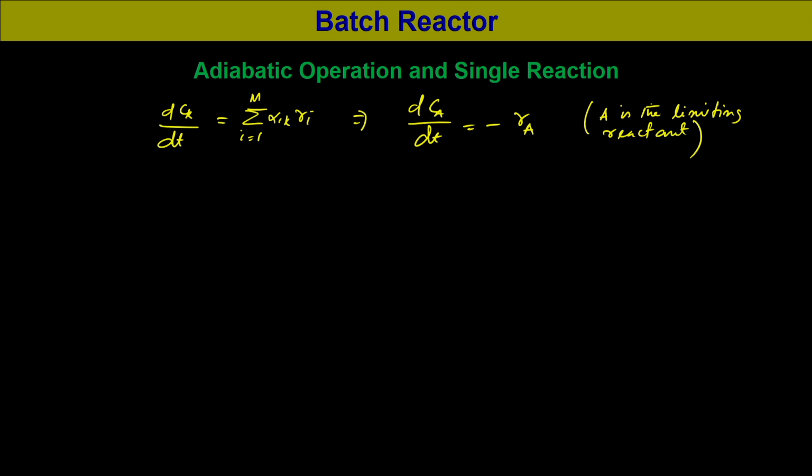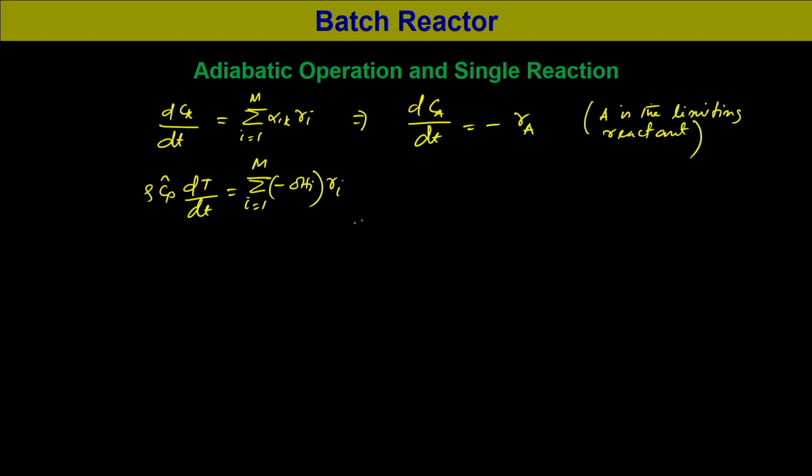Similarly, the temperature relation: rho Cp dT/dt would be equal to summation over i is equal to 1 to m of minus delta Hi Ri.